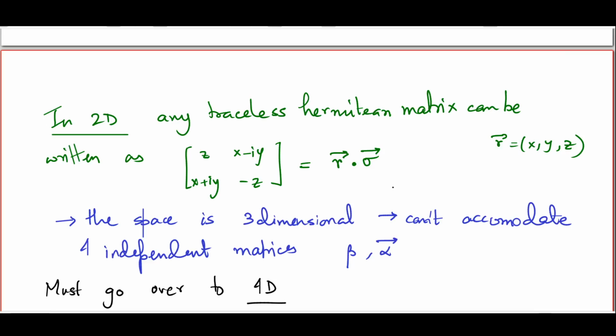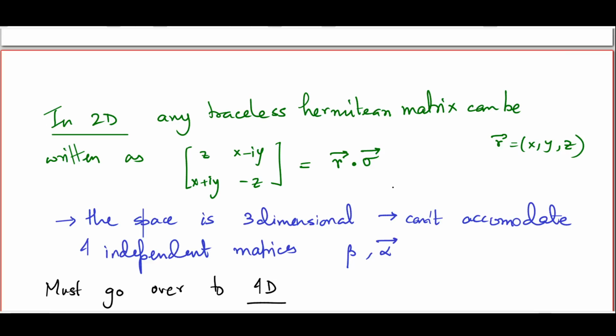So as we can see, all 2x2 Hermitian traceless matrices can be written down in terms of three basis vectors, so to speak. Sigma 1, sigma 2, sigma 3 are the basis vectors here, with three arbitrary real coefficients x, y and z. And this means that the space is three-dimensional.